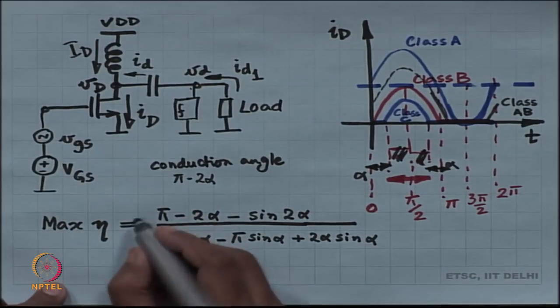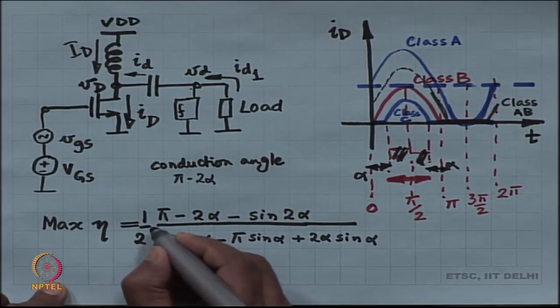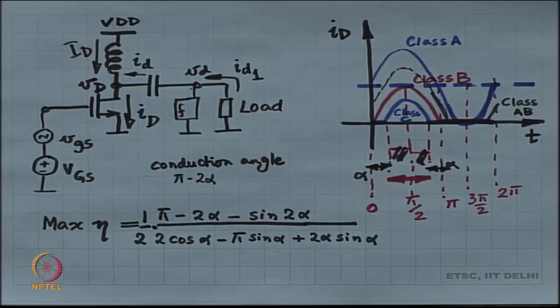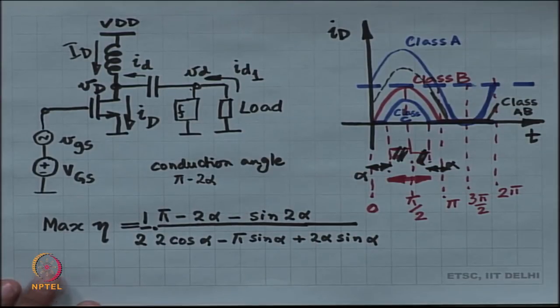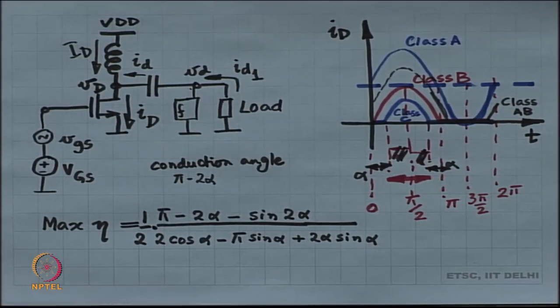So, there was a half also. Please check the notes, there was a half factor in this. So, we had got pi by 4 as the efficiency when the conduction angle is pi, that is it is a class B circuit. Okay. So, this was the situation.